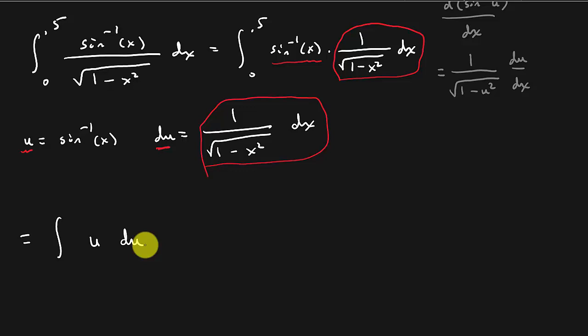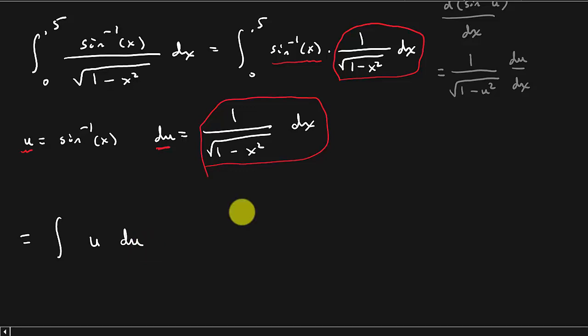All right. So let's see how we're going to work this out. We've got u is equal to inverse sine of 0. Remember, you've got to change your limits, right? So I've got to plug 0 in for x.